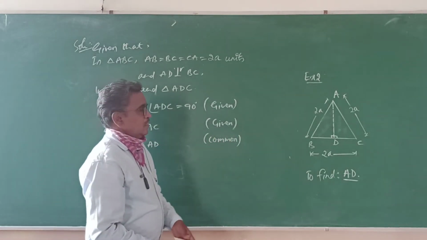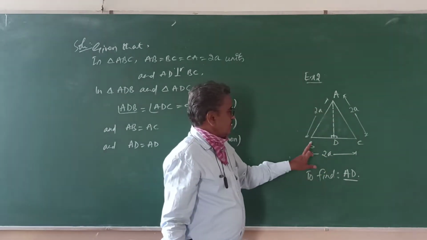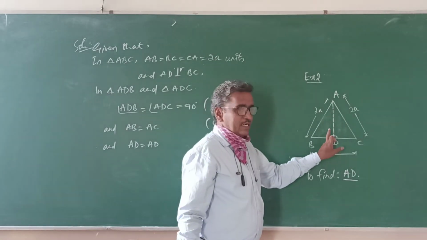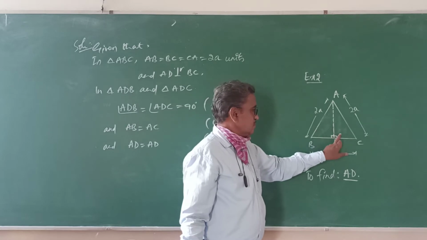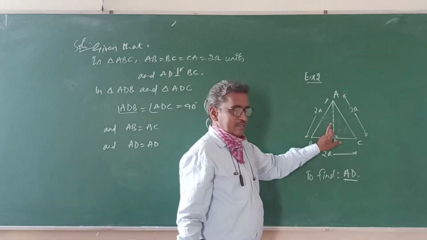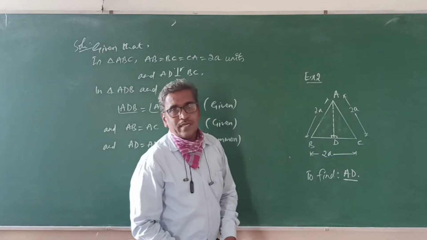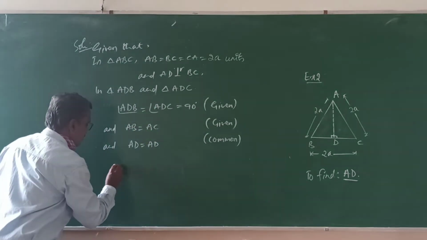In triangles ADB and ADC, AB equals AC, AD is common, and one angle is 90 degrees. So right angle, hypotenuse, side. By the help of the RHS property, these two triangles are congruent.